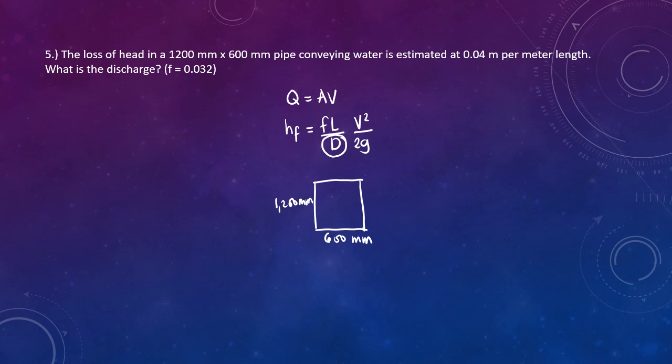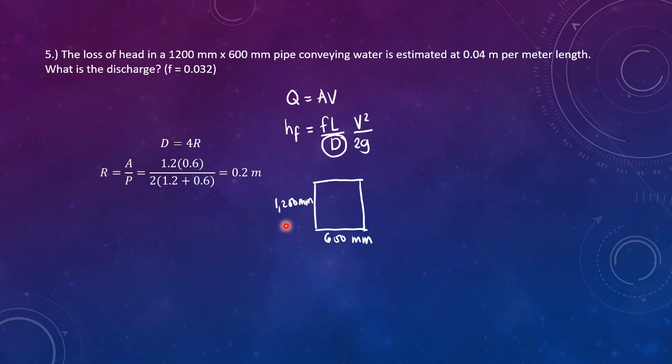To solve for D, we first solve for R, the hydraulic radius, which is equal to A over P, where A is the area and P is the wetted perimeter. The area of the rectangle is 1.2 meters times 0.6 meter.